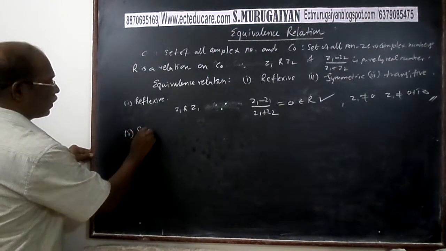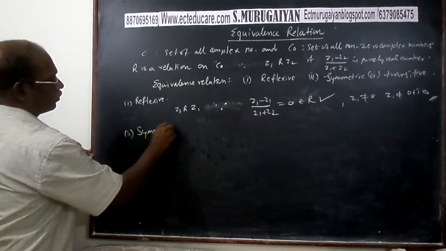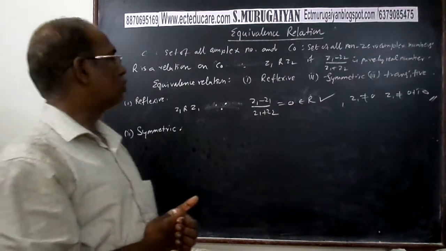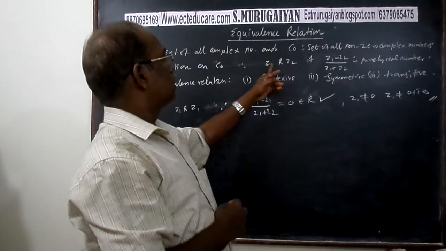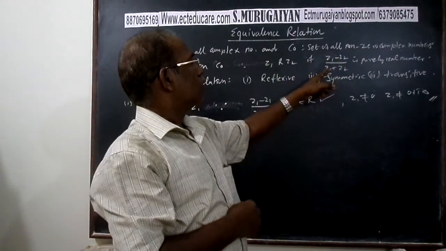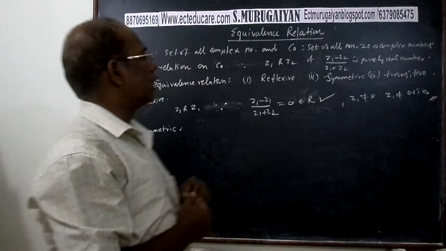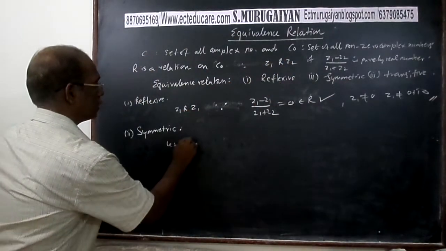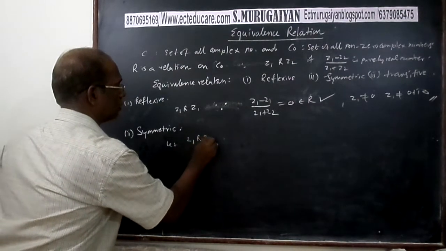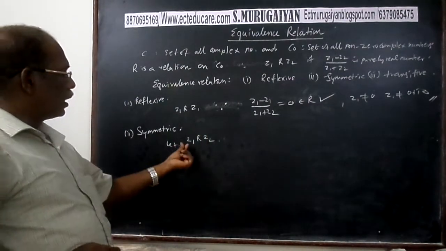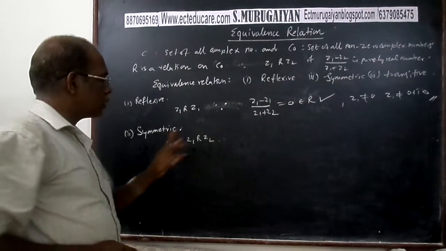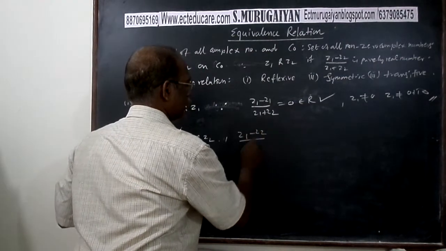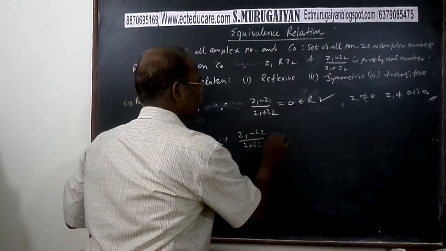For symmetric, we have to take two members. (Z1 minus Z2) by (Z1 plus Z2) is a real number means Z1 is related to Z2. Let Z1 be related to Z2. Because Z1 is related to Z2, (Z1 minus Z2) by (Z1 plus Z2) is a real number.